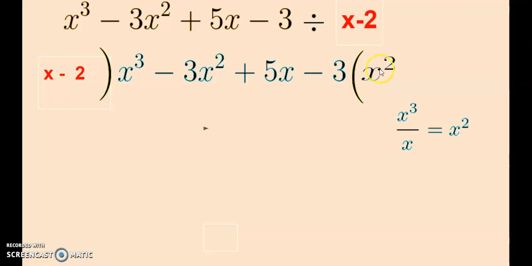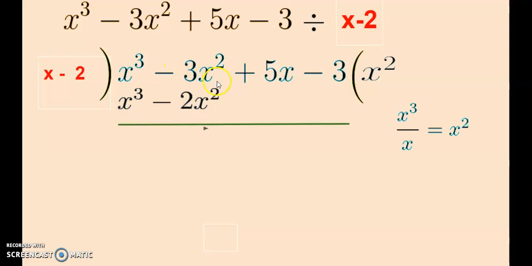Now you need to multiply the divisor x minus 2 with what we got just now in the quotient part, that is x square. So x into x square is x cube, and minus 2 into x square is minus 2x square down here, and we need to subtract this from x cube minus 3x square. You know very well, children, just as with the division of numbers, we need to subtract it.